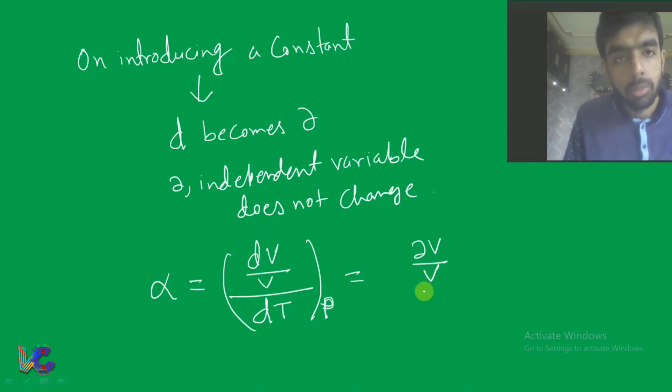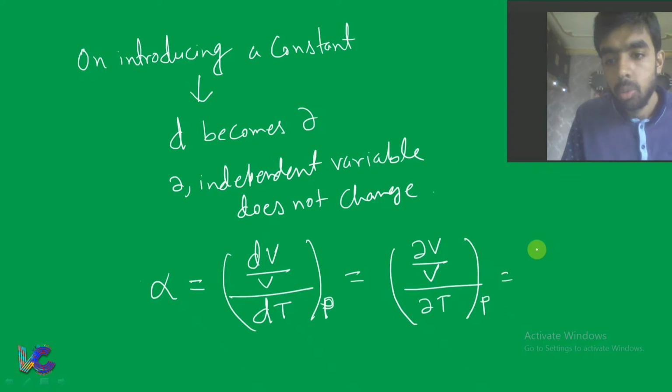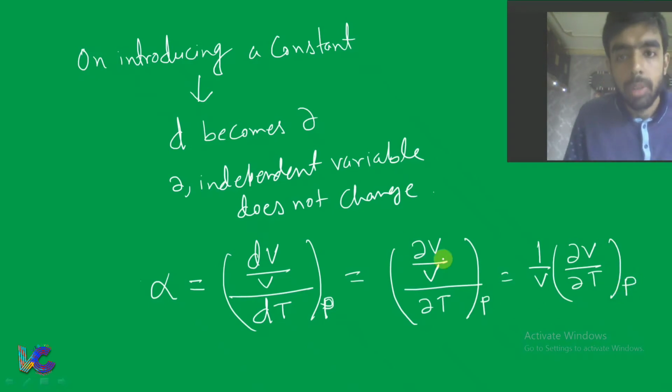So V will remain as V, dT will become del T, and there will be a constant P. That means 1 by V will be outside and del V del T at constant P. Fine. So alpha will be, in mathematical sense, equal to 1 by V del V del T at constant P. So this is the expression of alpha.